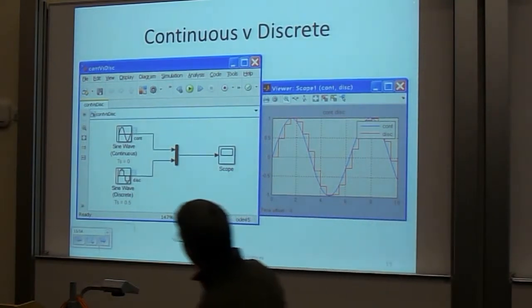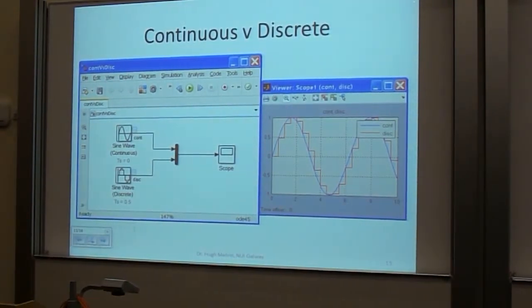And in terms of continuous and discrete, this is just a very simple model, and I'm not sure that I put some models up on Blackboard last night. No, not this one. Maybe I'll put this one up as well, because it's a nice indication of the difference between the two. So we have two sine wave blocks here, except one of them is continuous and one of them is discrete.